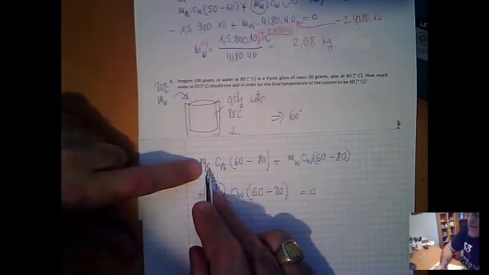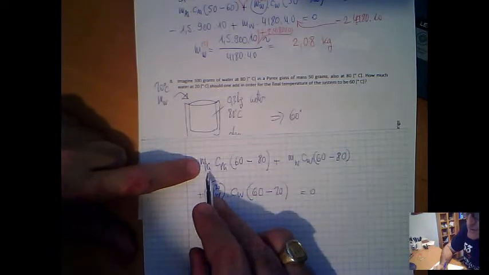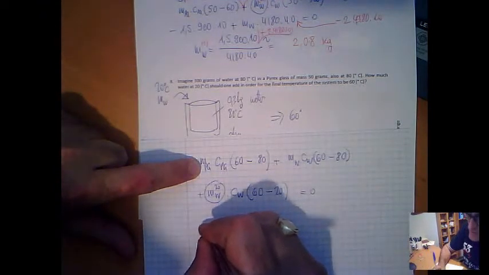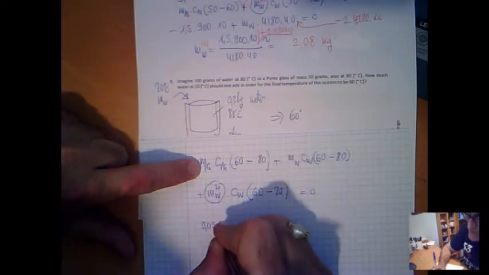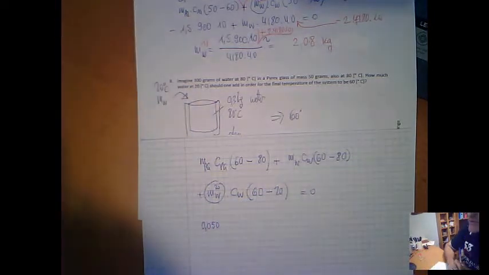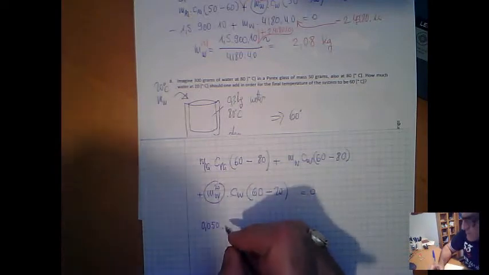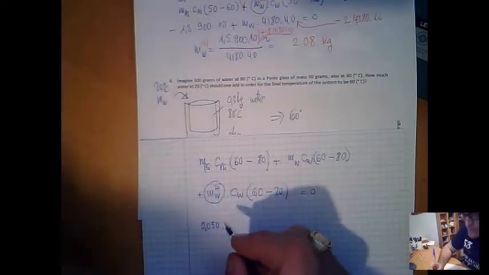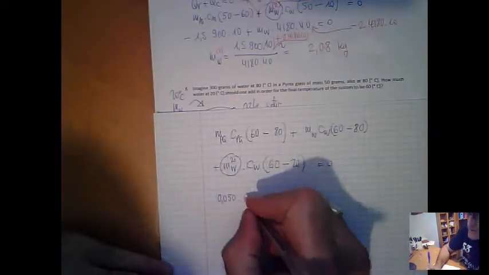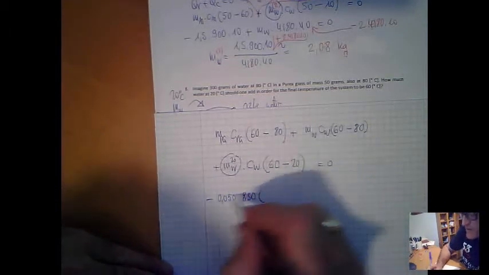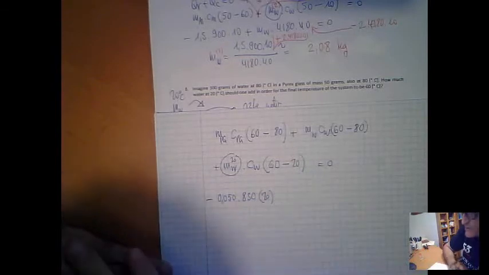So the mass of the Pyrex glass is 50 grams. Be very careful, write this in kilograms, 0.05, times the C of the Pyrex. What did we say? How much was it? 830, right? Yes, 830. 830 times 60 minus 80, therefore it's minus 20.